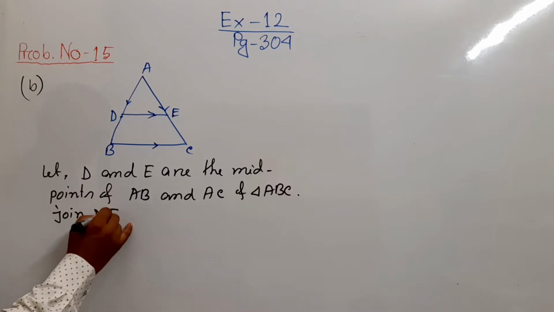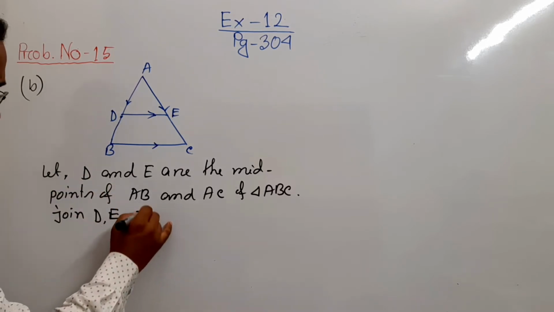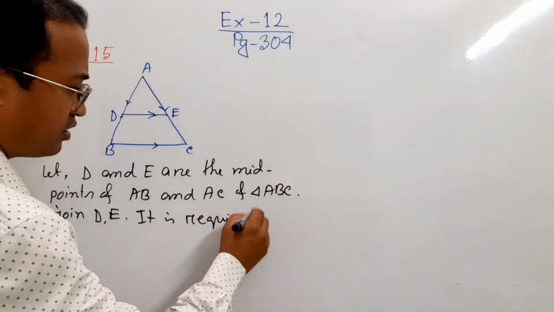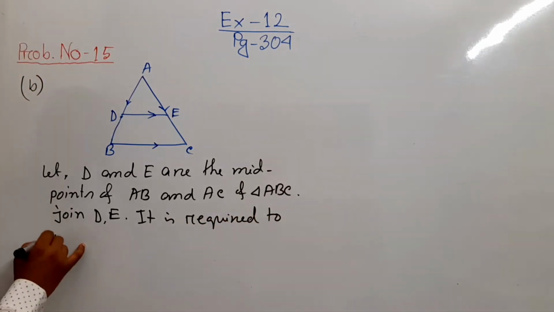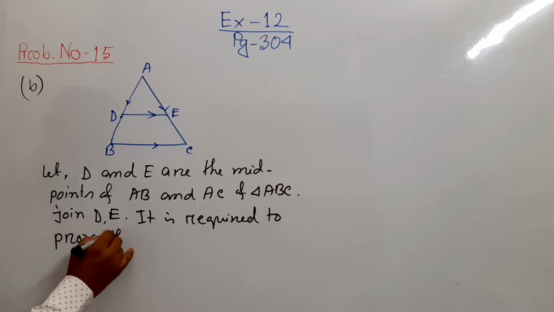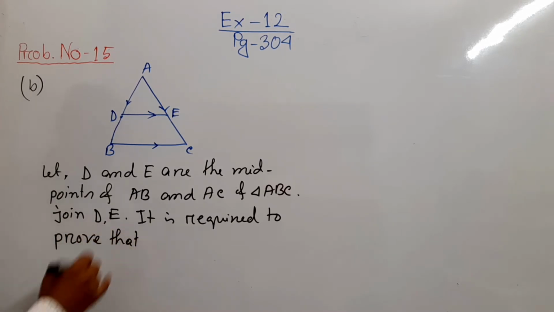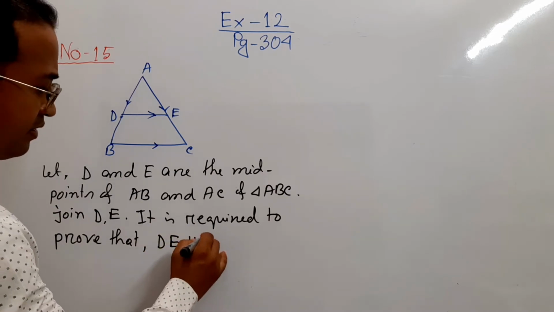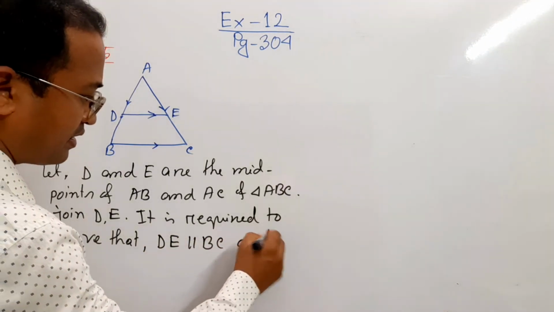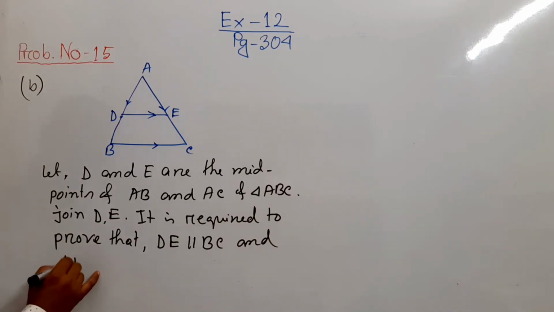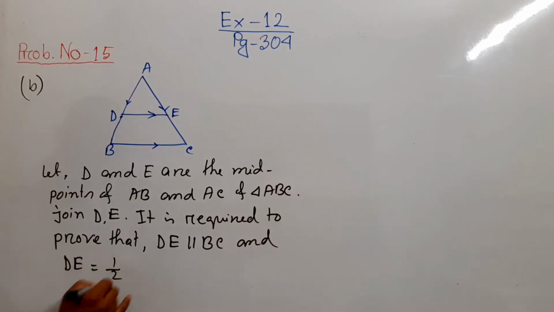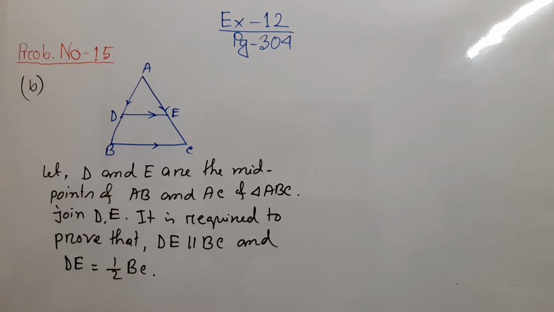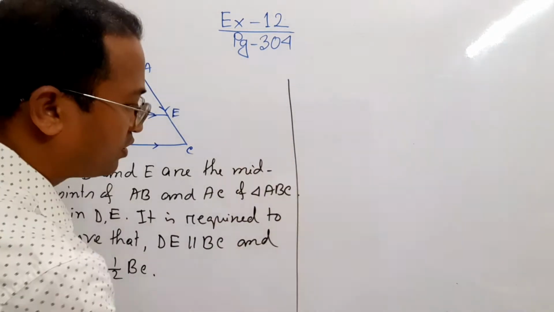Join DE. It is required to prove that DE parallel BC and DE is equal to half of BC. We will prove that.